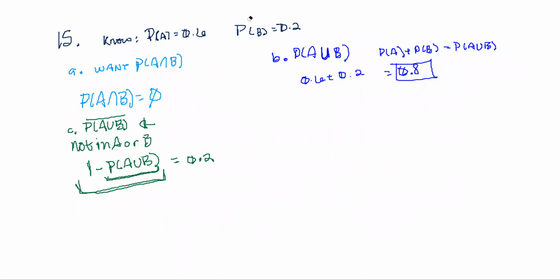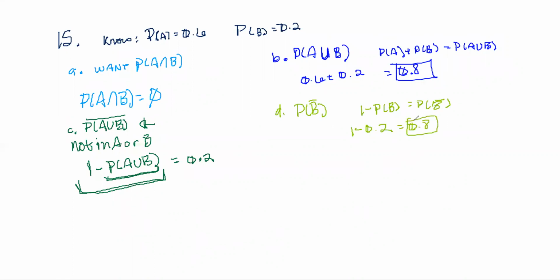Let's talk about D. This is the probability of B not. So we want everything but B, so anything that is not in the set of B. And so once again, like we did in part C, we're going to say that 1 minus the probability of getting B is equal to the probability of not getting B. And that is going to be 1 minus 0.2, which is equal to 0.8.